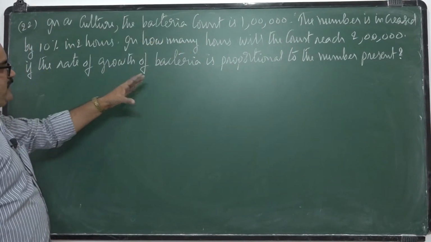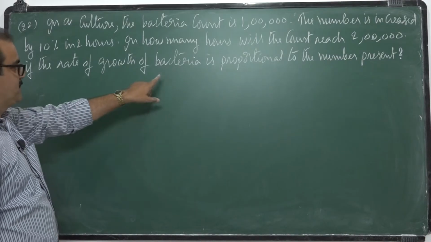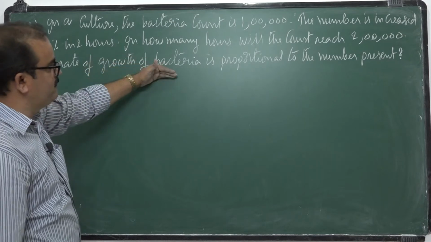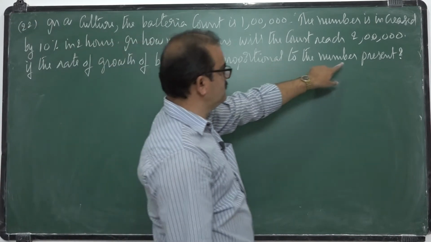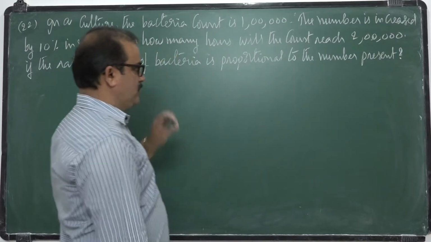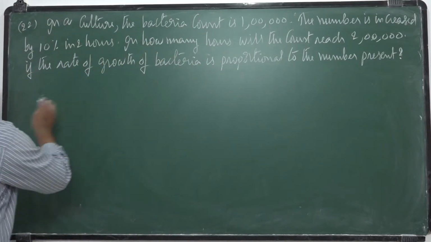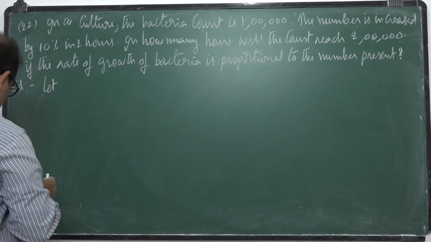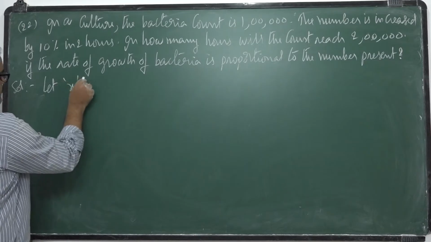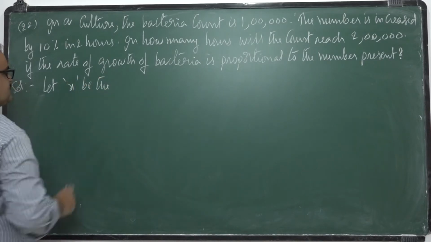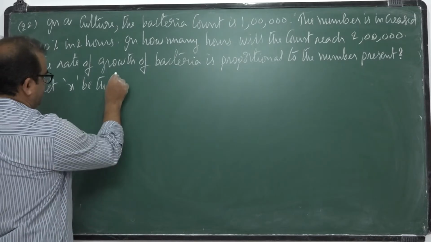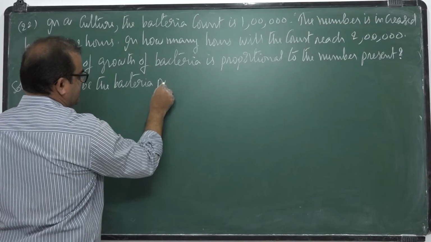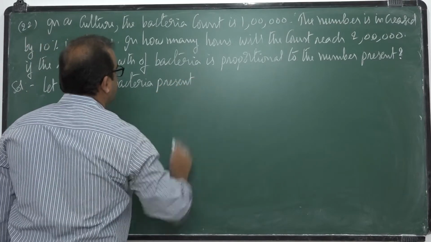Initially, let x be the number of bacteria present at the time t.